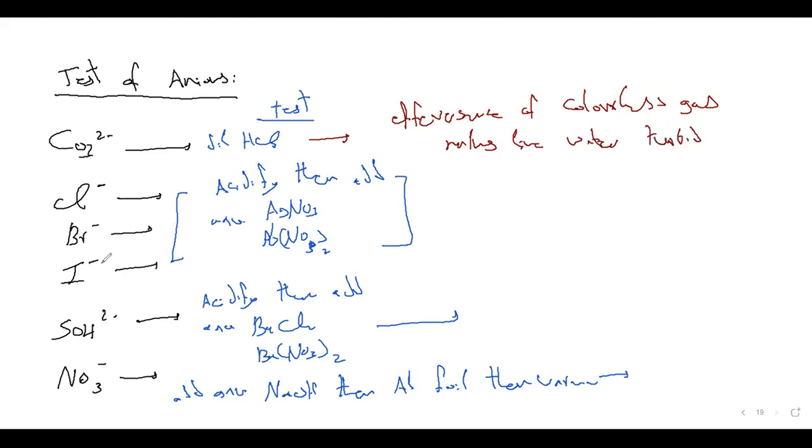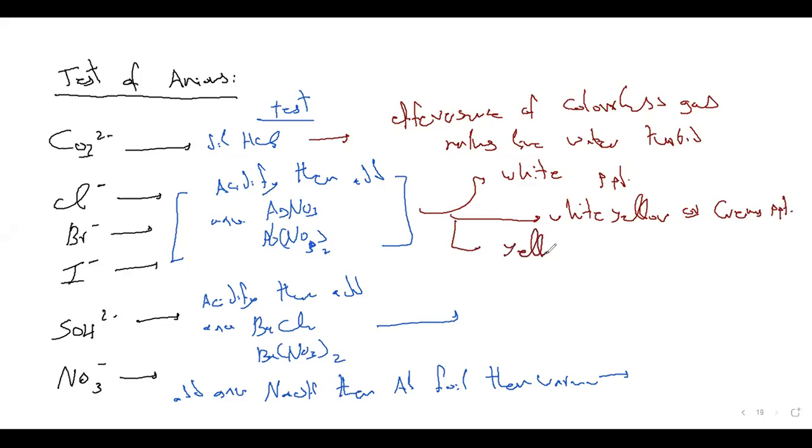Number two, chloride, bromide, iodide. In case of chloride, it will produce a white precipitate. Bromide, a white, yellow, or creamy precipitate. Iodide, a yellow precipitate. In case of sulfate, a white precipitate.